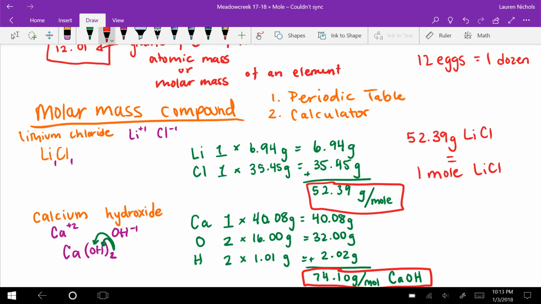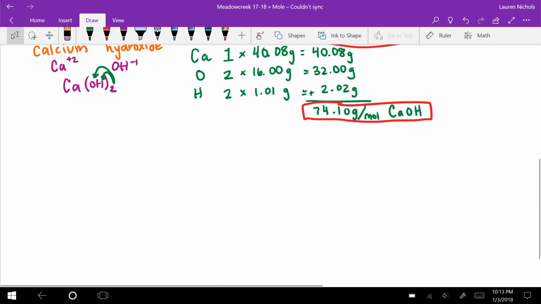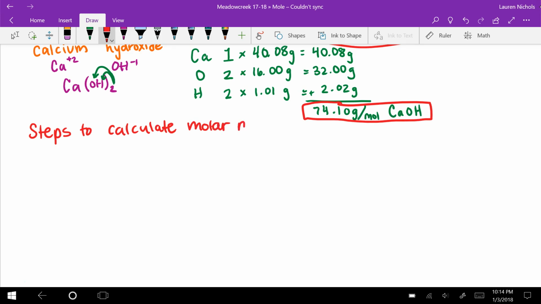So if we want to summarize what we've been doing in some steps, let's go ahead and make sure we know these steps. So, steps to calculate molar mass, or the amount of mass in 1 mole of a substance.